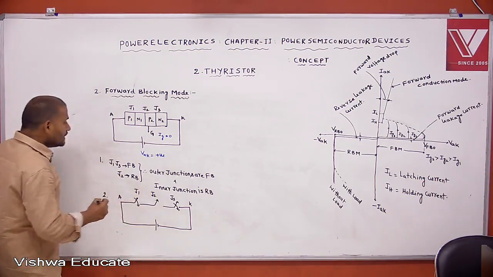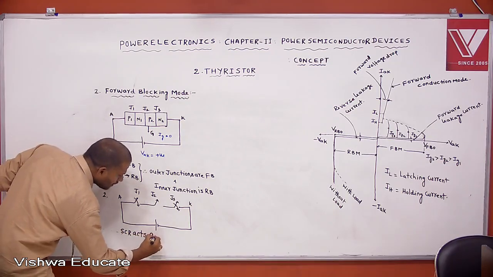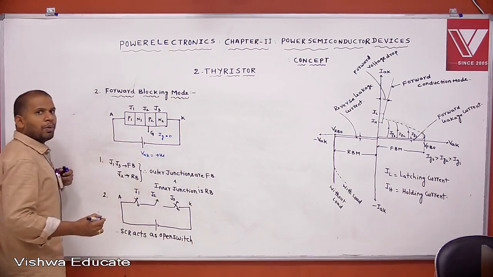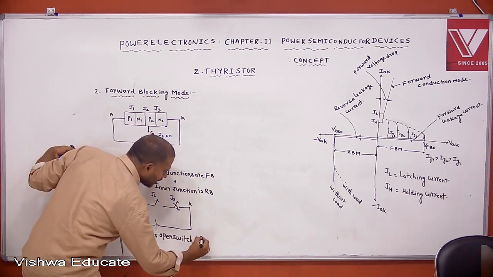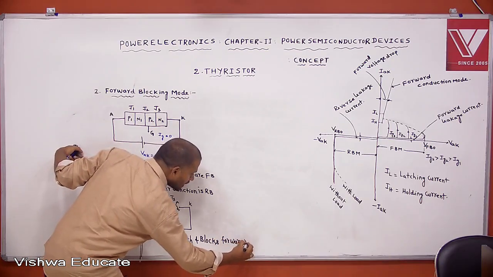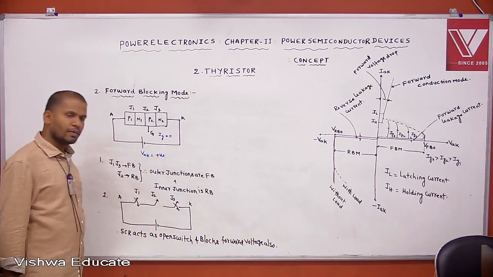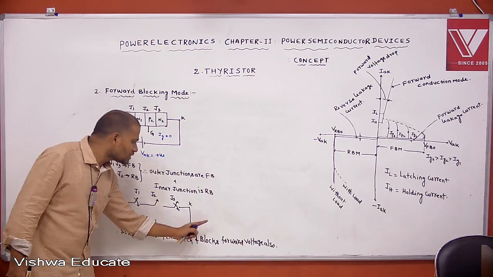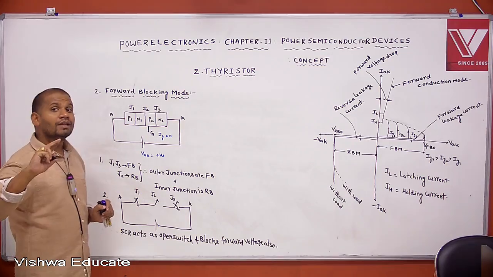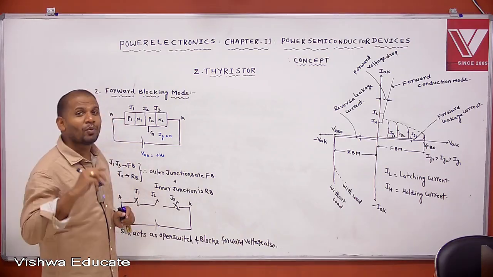SCR acts as an open switch and blocks forward voltage also. Already it blocks reverse voltage, and it also blocks forward. That's why it is a bipolarity device. Understood?